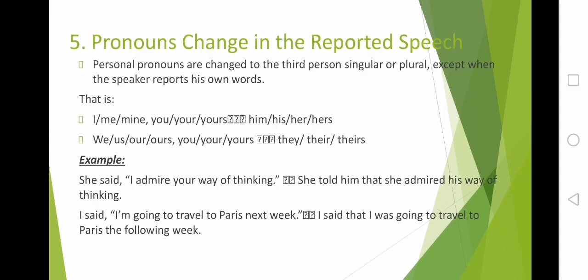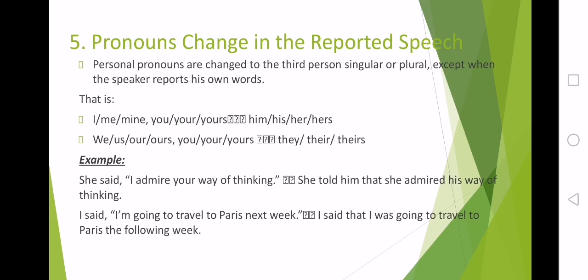Now another rule is also used here, which is that the pronouns also change in the reported speech. The singular personal pronouns, which are I, me, mine, you, your, yours, change to the third person singular, which is him, his, her, or hers.